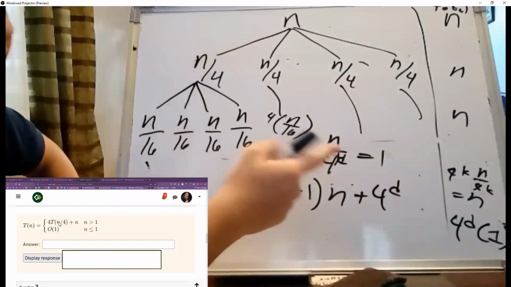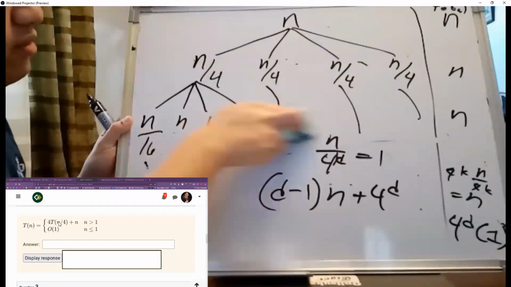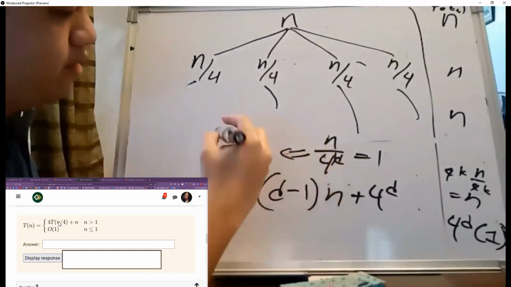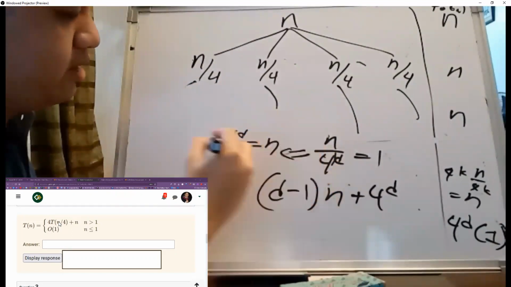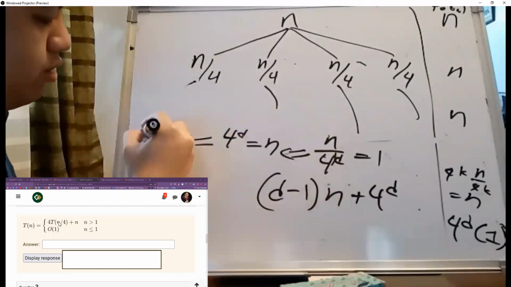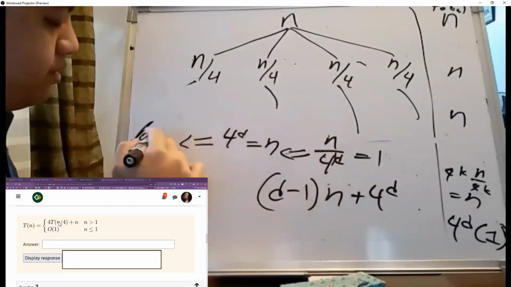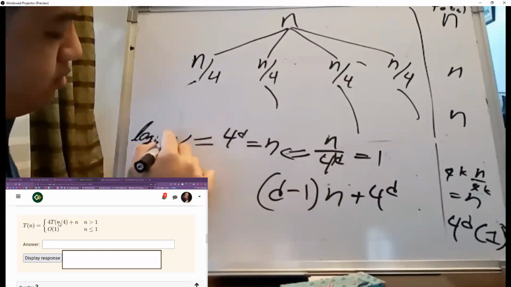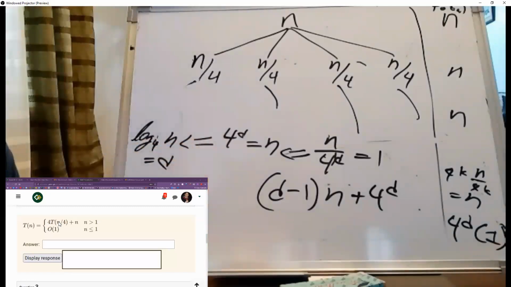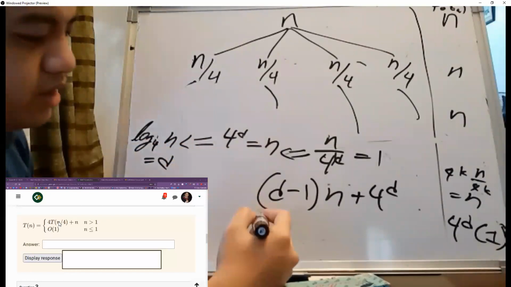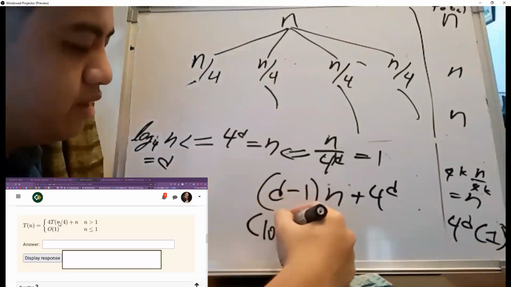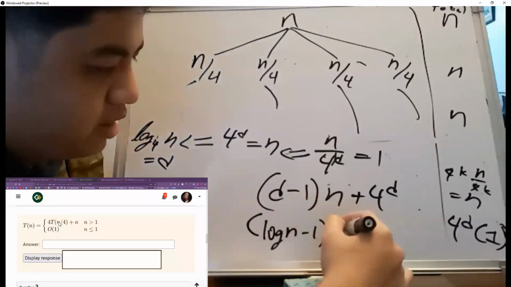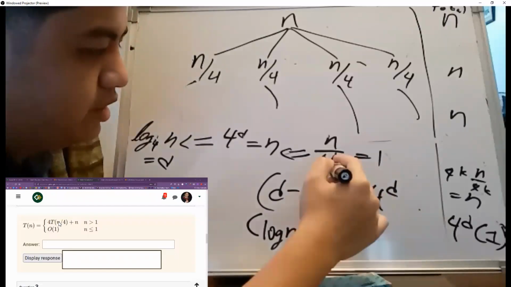So, 4 to the D equal kay n, and then log base 4 of n equals D. So, dito, yung nasa loob is log of n minus 1 times n plus si 4 to the D ay n.